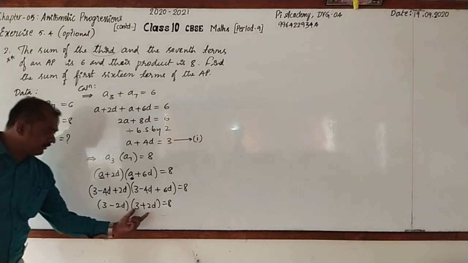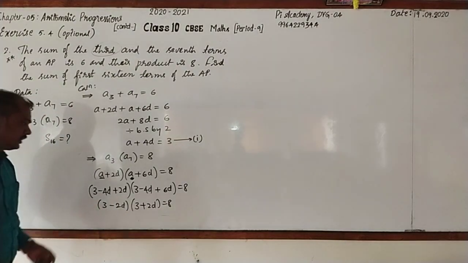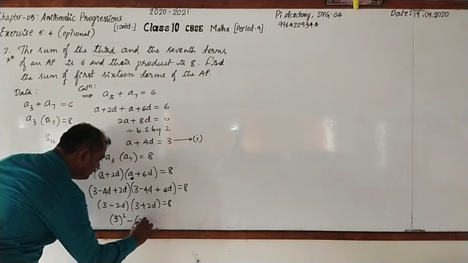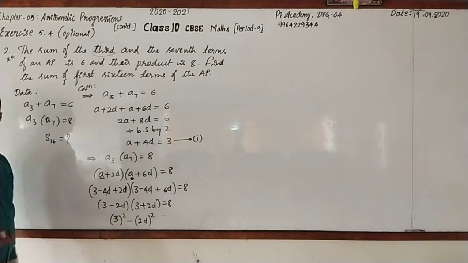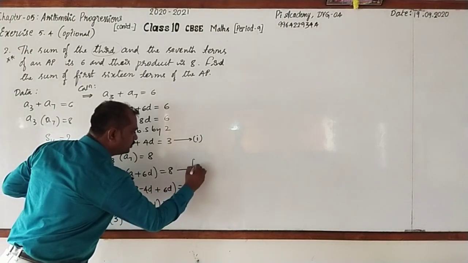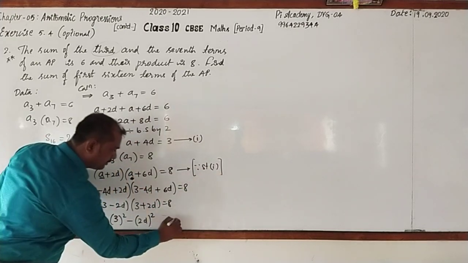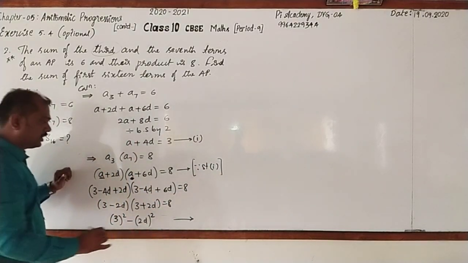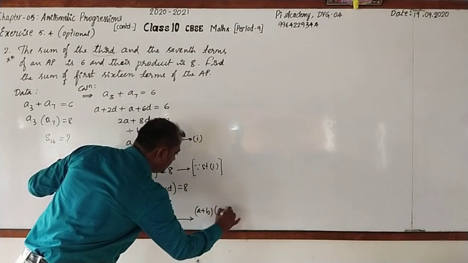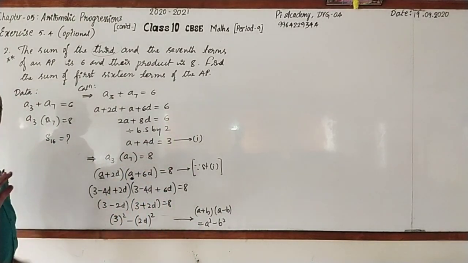It is of the form A plus B into A minus B. So we can write it as A square, 3 whole square, minus B square, 2D square. Clear? See, this step has been written by using statement 1. And the last step has been written based on A plus B into A minus B is equal to A square minus B square. Clear?